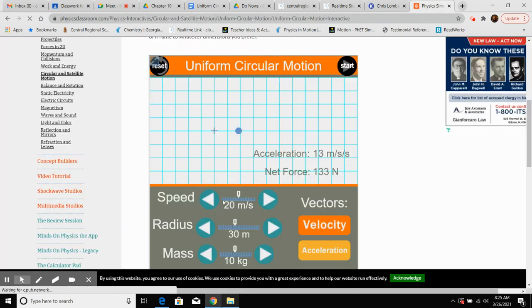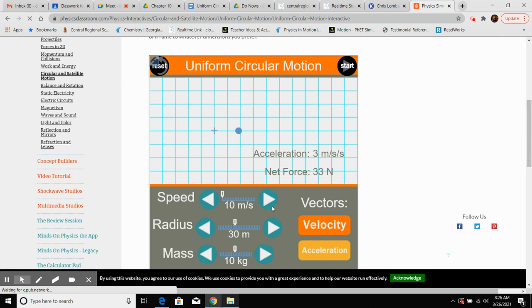We can't really double this, since it only goes up to 30. So let's just say 10. At 10, our acceleration is 3 meters per second squared.